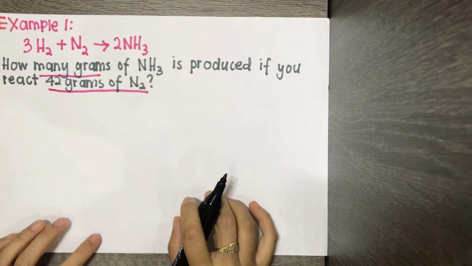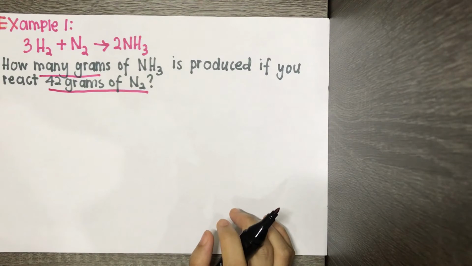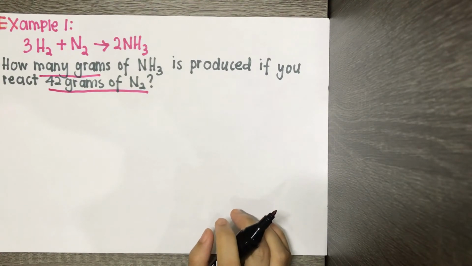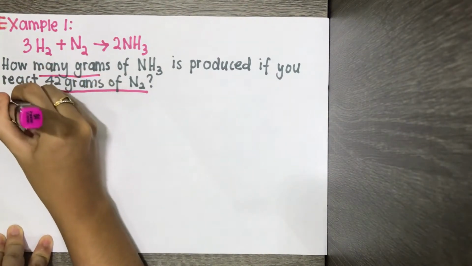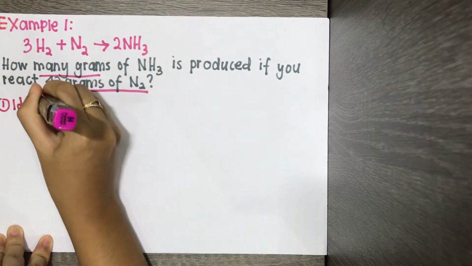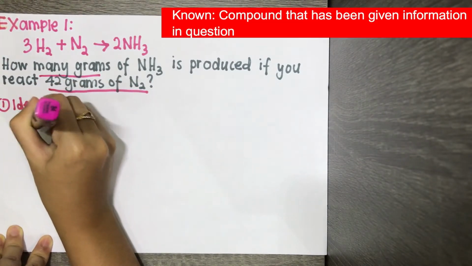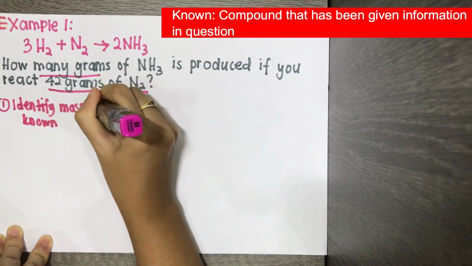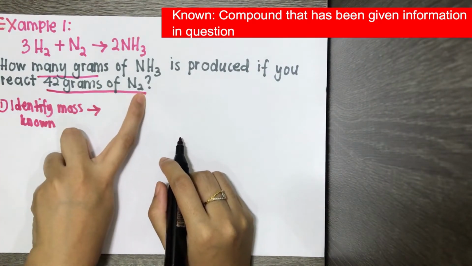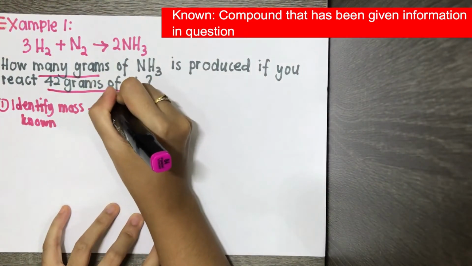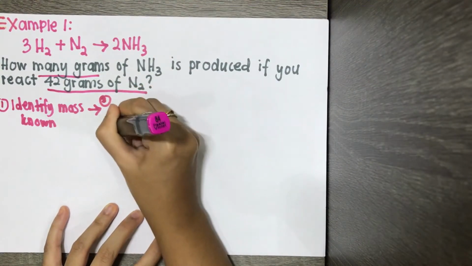When you have a mass-to-mass kind of question, there are 4 steps that you need to remember. First, you have to identify the mass of the known. In this case, the mass of known is 42 grams of N2. The second step is find mole of known.